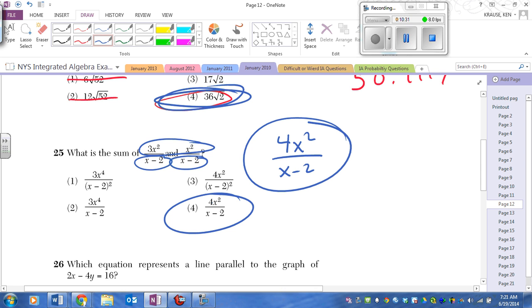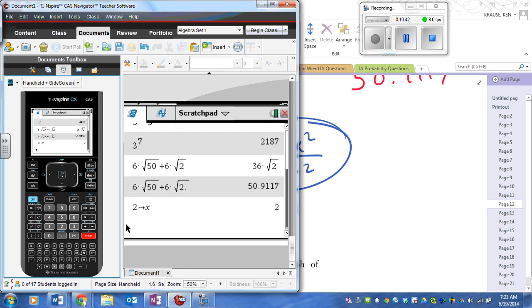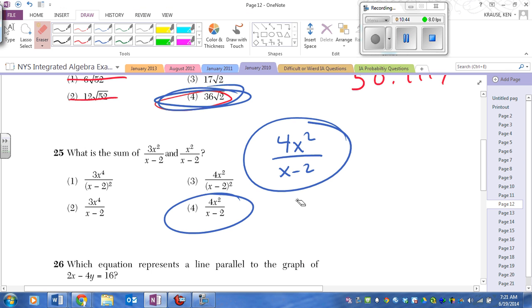And you should test that on your calculator. I mean, take 2 and store it into x. And then type the original one: 3x squared over x minus 2.